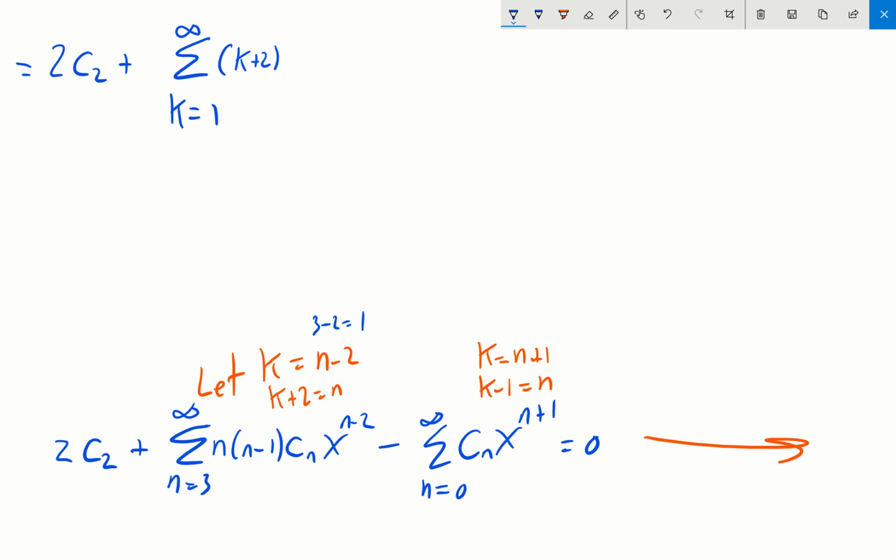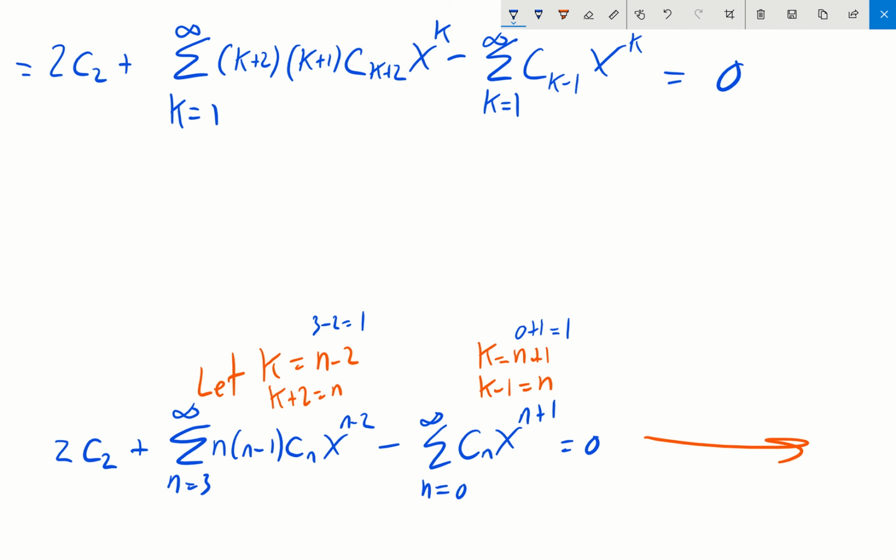So this is going to be k plus 2 times k plus 2 minus 1, which ends up being k plus 1, c of k plus 2, and now this is x to the k, minus the sum from k equals, when n is 0, then k is going to be 0 plus 1, which is 1, to infinity of c of k minus 1, x to the k. This whole thing is equal to 0.